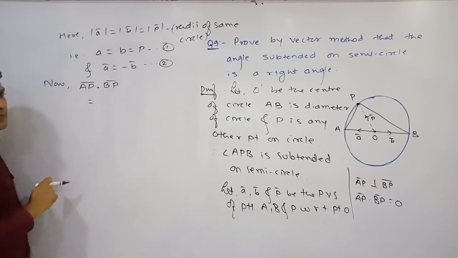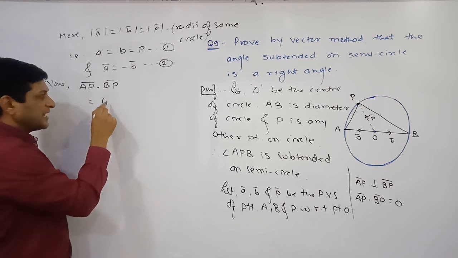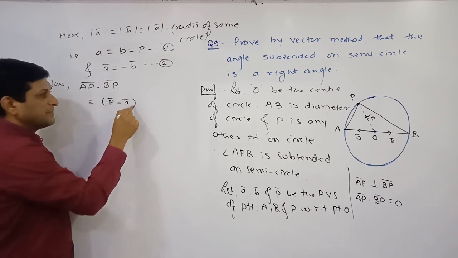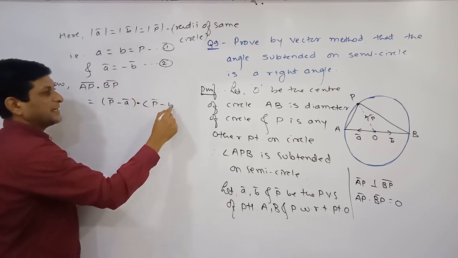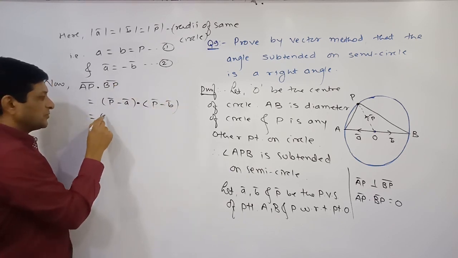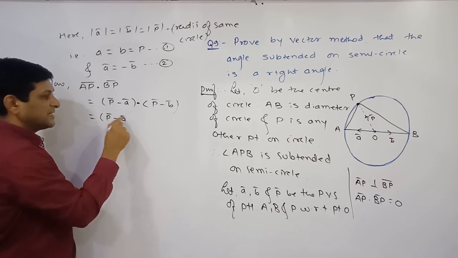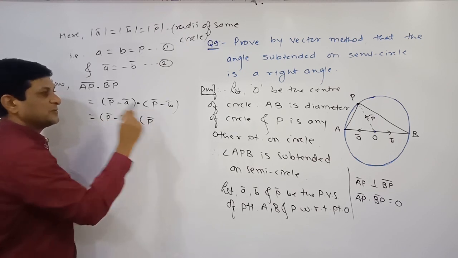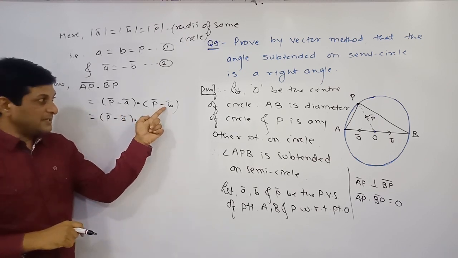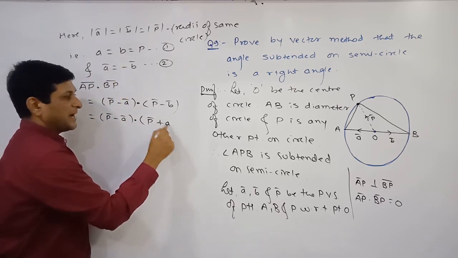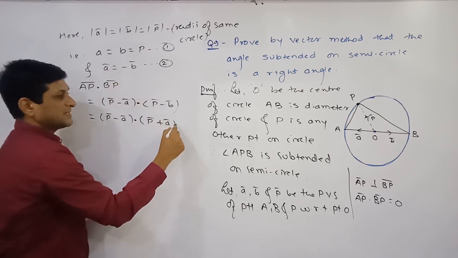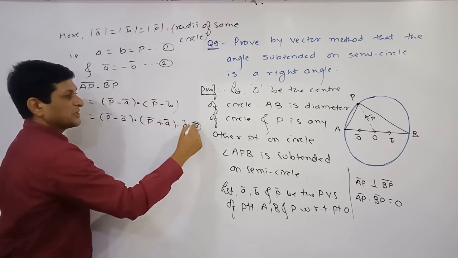Now this AP bar in terms of position vectors can be written as P bar minus A bar, dot, and BP bar can be written as P bar minus B bar. So this is equal to P bar minus A bar, dot, P bar, and this minus B bar can be replaced by plus A bar, from equation number 2.